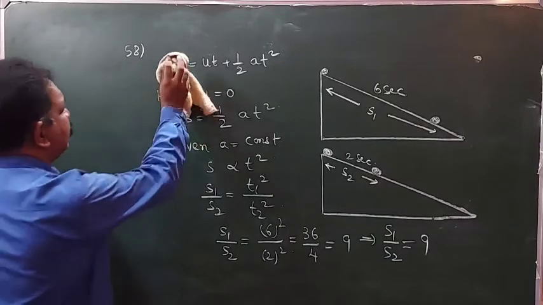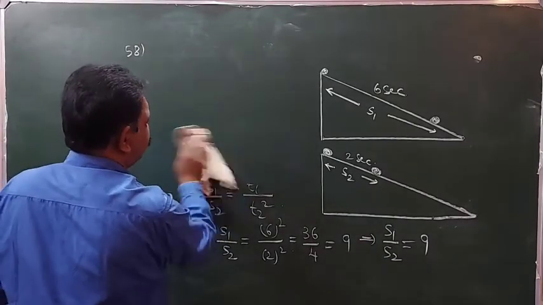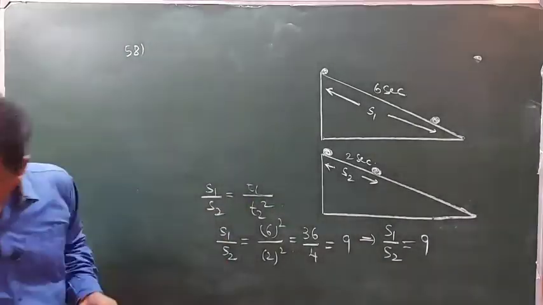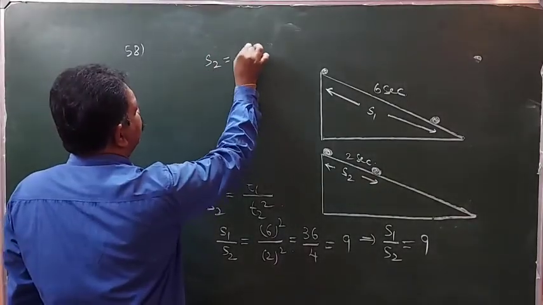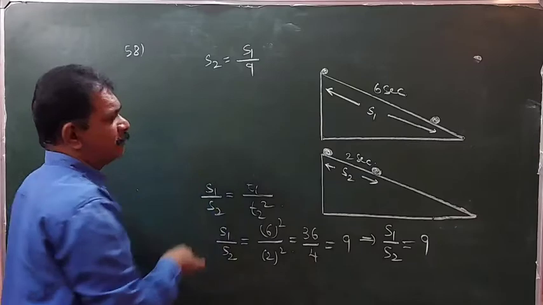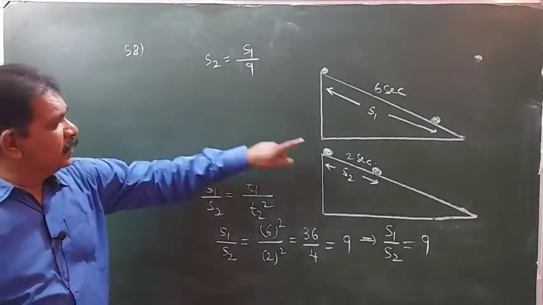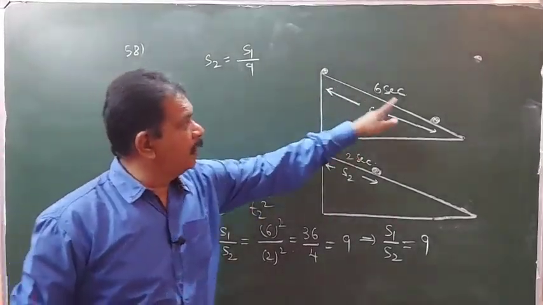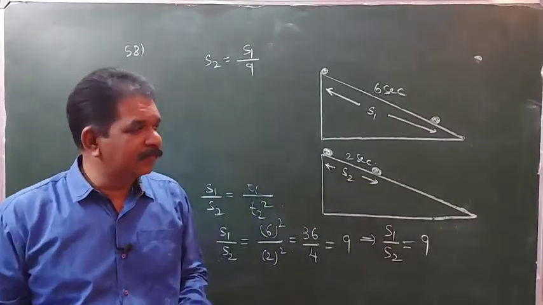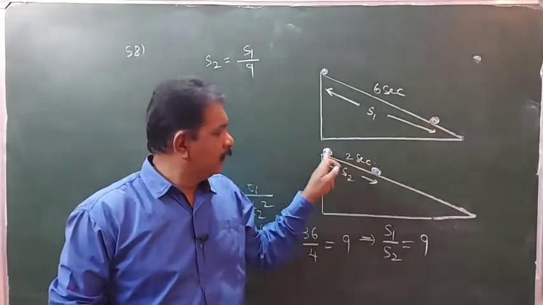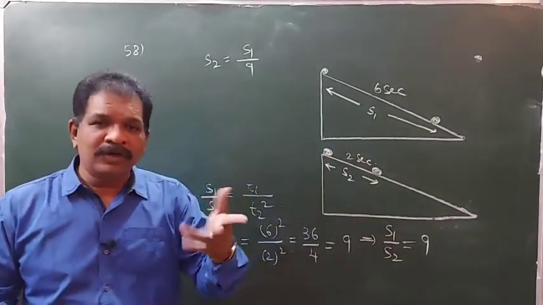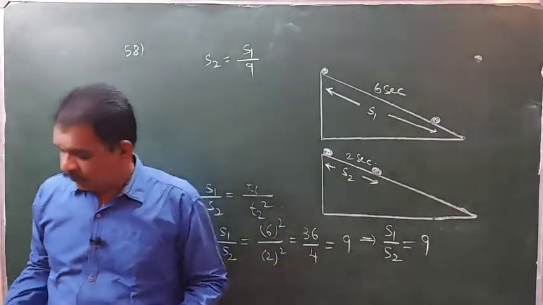Then I am writing here, S2 will be how much? S1 by 9. This will be 1 by 9th of this distance. Which means if he traveled 18 meters, here 18 by 9, he will travel only 2 meters.